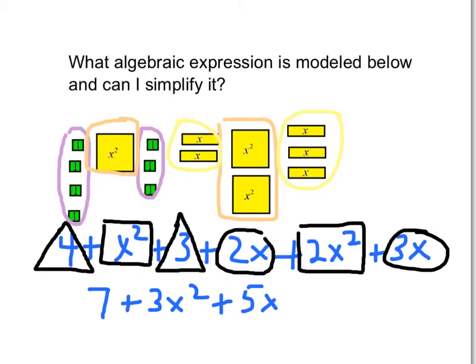That's how I have simplified this algebraic expression, by calling it 7 plus 3x squared plus 5x. And this technique of giving geometric shapes to your sets of like terms and then putting them together in your final answer works really well.